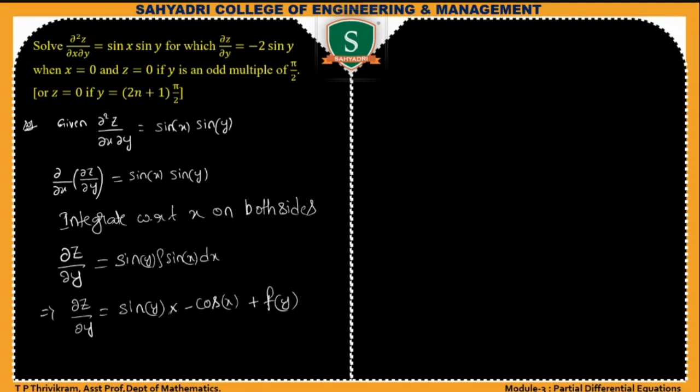So dou z by dou y is equal to minus cos x sin y plus f of y. Now we have to integrate with respect to y.